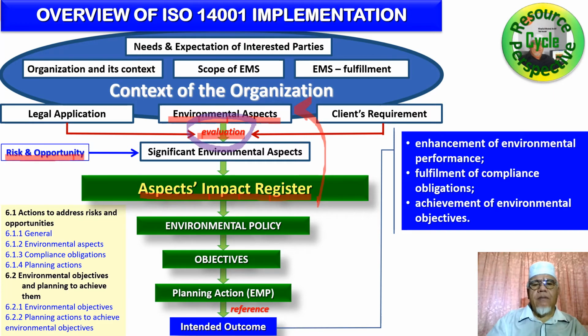And when we have a very defined evaluation criteria, we will be able to address the management of environmental aspects in a more precise manner, and usually, from my experience, we don't go wrong.